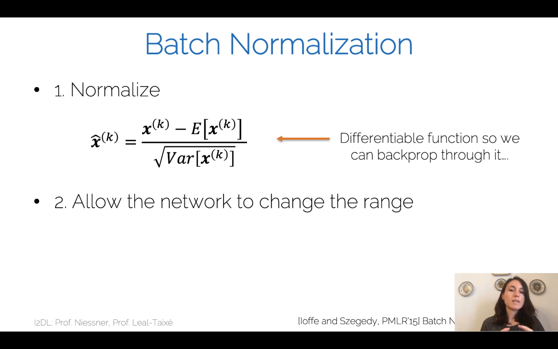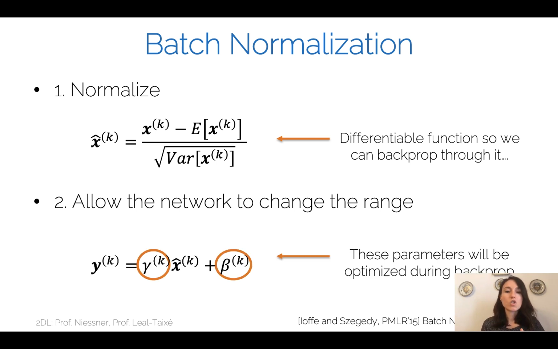What I mean by this is that we have forced a normalization onto the network. And maybe this normalization is not the best for the network to learn certain characteristics of the training dataset. Therefore, we're going to allow the network to slightly change the range in which this normalization is done.